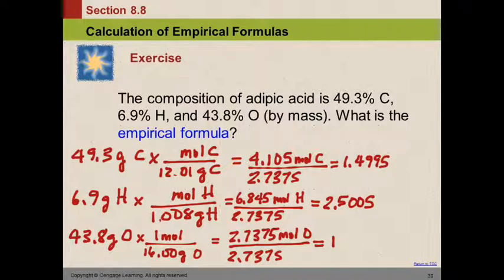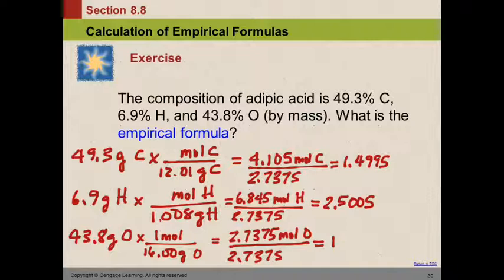So the oxygen came out to be 1, and the hydrogen is 2.5, and the carbon is 1.4995. Neither of those can be rounded to a whole number. So we have to multiply all of them. And perhaps you recognize that both 1.4995 and 2.5005 are really close to having 0.5, which is 1/2.